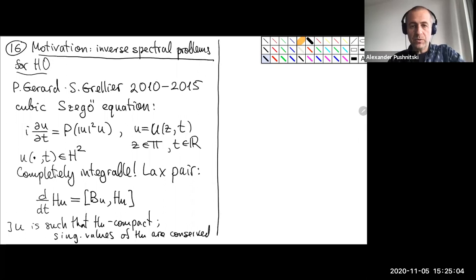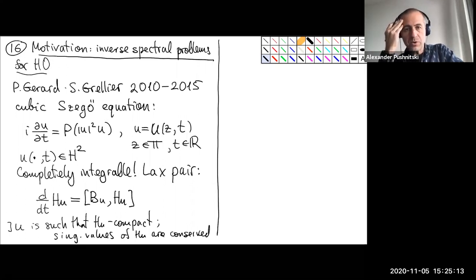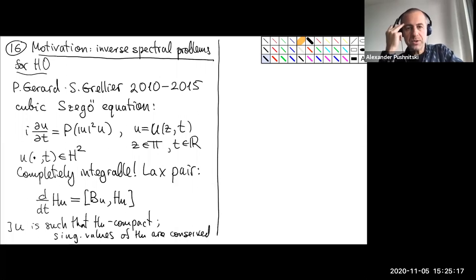So now you want to apply the usual method of inverse problem to solving this Szegő equation. You need to be able to solve very well the direct and inverse spectral problems for this Hankel operator H_u.